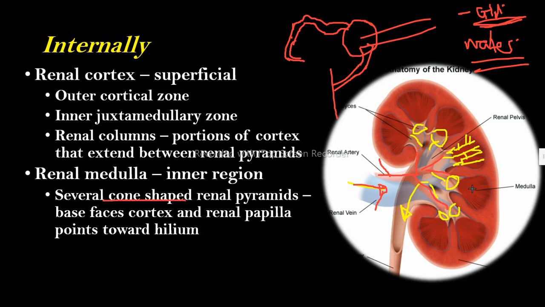The base faces in the cortex. This is the base of the renal pyramid, facing the renal cortex, which is the outer layer, and the renal papilla is the apex. The renal papilla points towards the hilum, the renal pelvis.